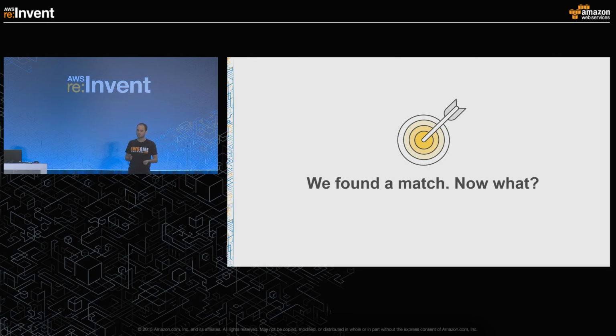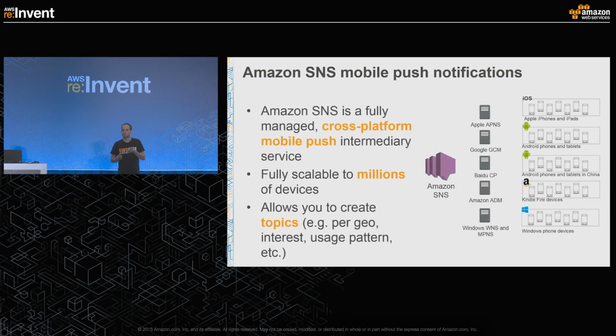For that reason, we're going to tap into Amazon SNS Mobile Push Notification Service, which is a cross-platform mobile push notification service so that you can push to iOS devices, Android devices, in China through Baidu, Amazon Fire devices, or even Windows devices.